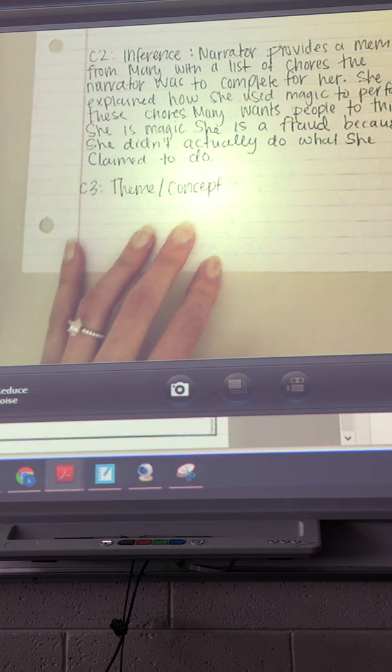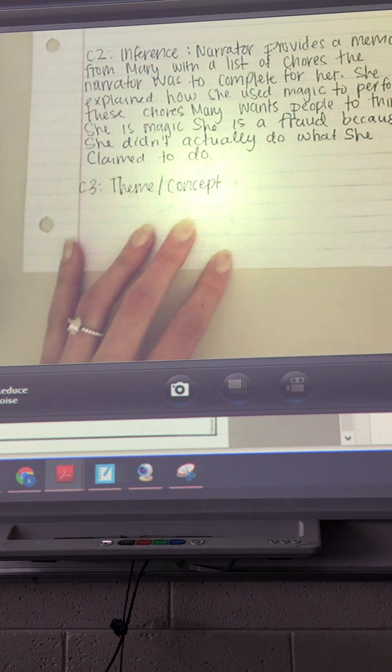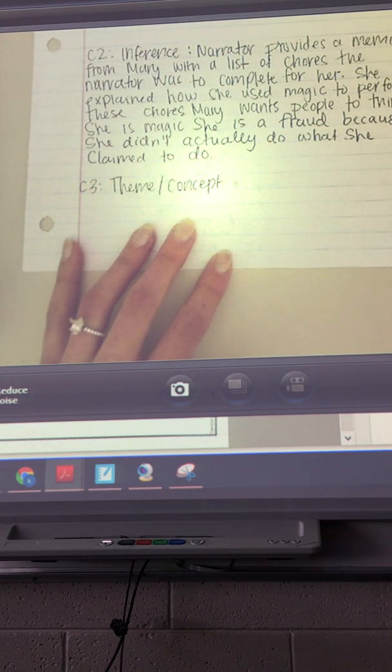want to share? Now on this one, this is very much kind of personal. There obviously is a theme that everyone should get at, but people can pull different things from this, right? People learn different things. One thing is that the narrator did share the memo with the world because she wanted to expose Mary Poppins as a fraud, right?